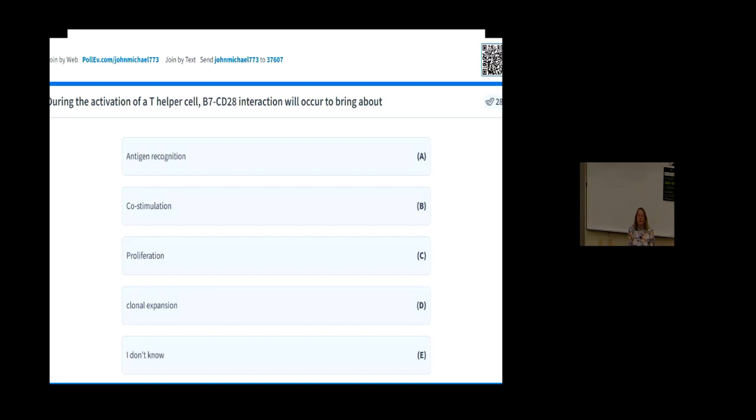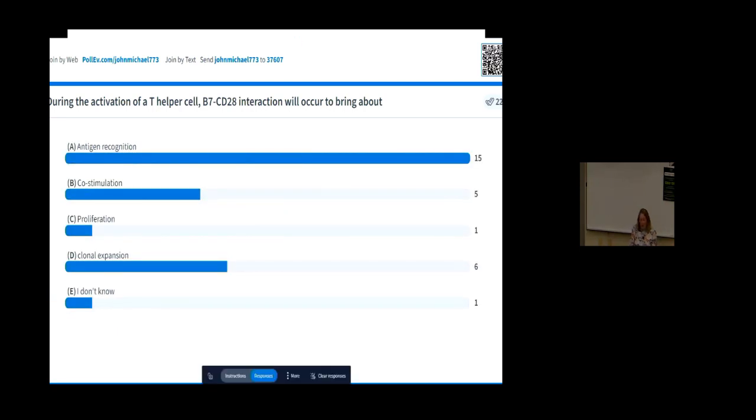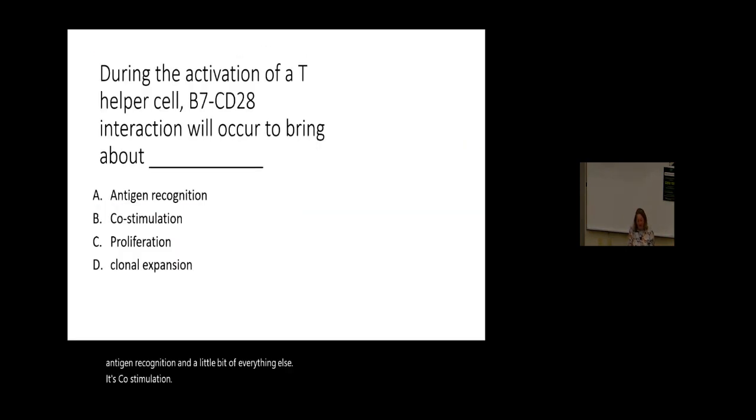I think 26 is probably about most of you. Such a small group. All right, we've got the majority saying antigen recognition and a little bit of everything else. It's co-stimulation.